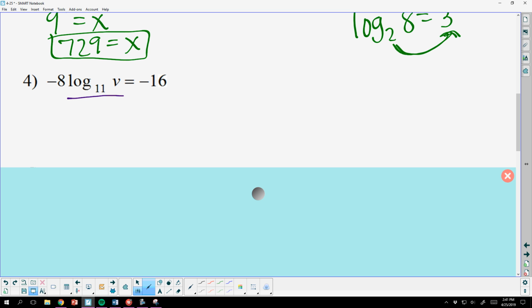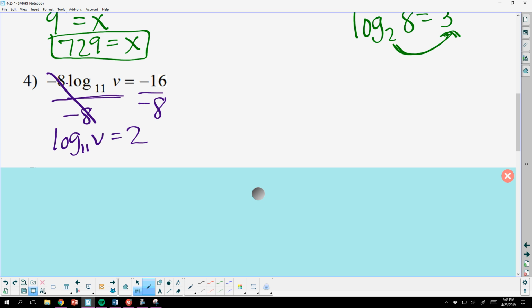Do we add it or divide? Yeah, because it's multiplying, right? So we want to divide by negative 8 since that's the inverse of multiplying. Okay, so when we divide by negative 8, then we have log base 11 of v equals what? Positive 2.